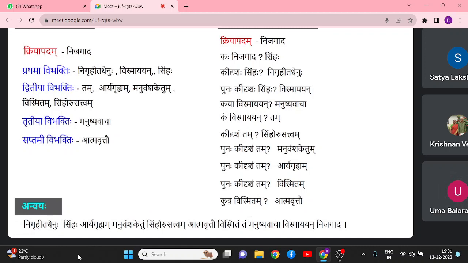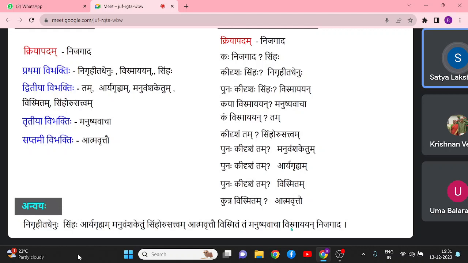Anybody has worked on Alankara? Shabdalankara. Do you see here? You can say Nigrahita and Aryagrahyam, Gri is there. And Manuvamshaketum, Manushya, Manu is there. Right?